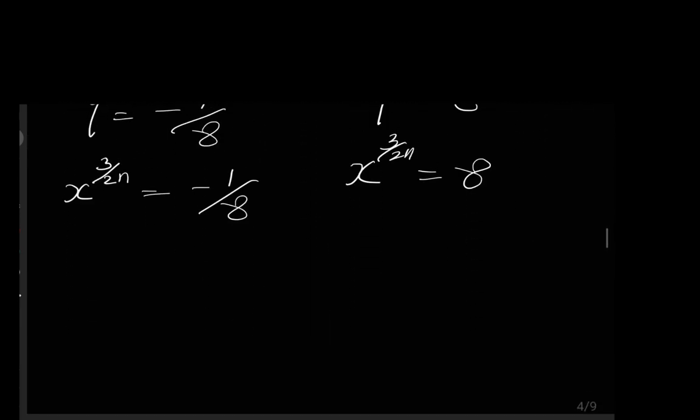So what I do, I simplify here. Here 8 take positive power. Here 8 x power 3 by 2n equal to 8. So take this power to the other side. So x is equal to, it becomes reciprocal, 2n by 3, or otherwise, on both sides you multiply by 2n by 3.